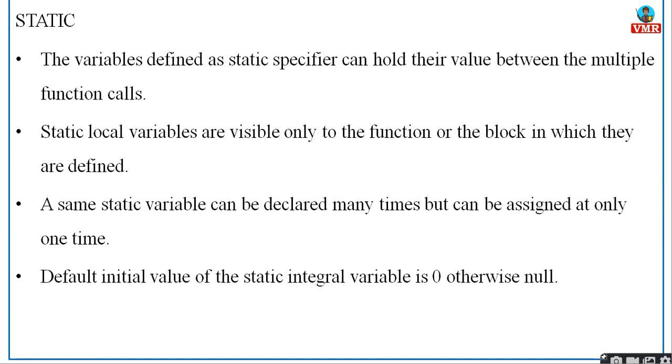Variables defined with the static specifier can hold their value between multiple function calls. Static variables are visible only to the function or block in which they are defined. The same static variable can be declared many times but can be assigned only one time. The default initial value of a static integral variable is 0, otherwise null.